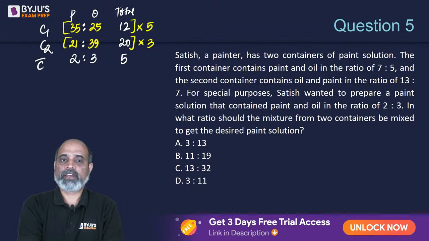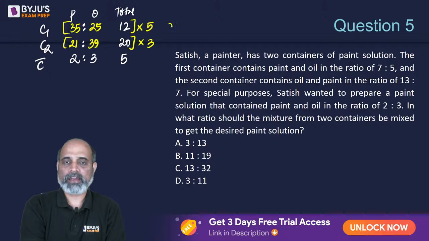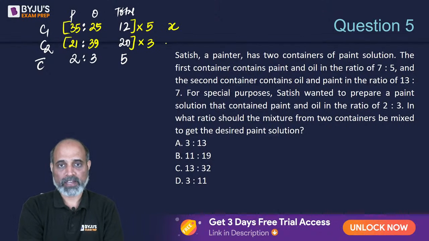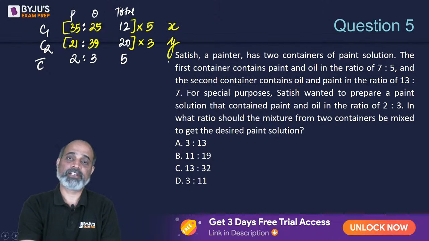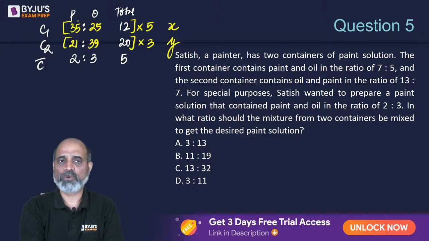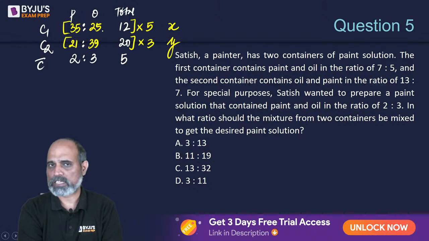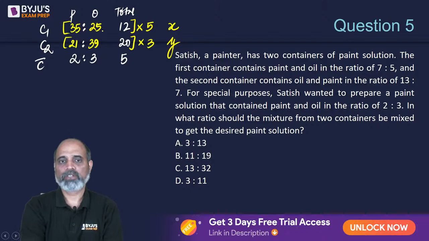Now, if I say that there are X units in container 1 and Y units in container 2, let's look at either P as in paint or oil, one of those, right? And the total will be X plus Y here.